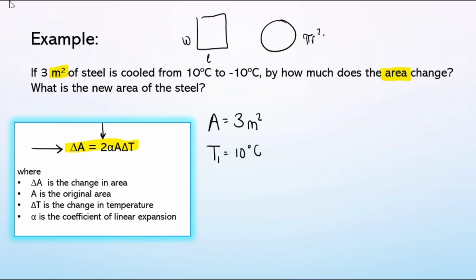We're back in metric. Our new temperature is negative 10 degrees Celsius. So remembering that the change in temperature is equal to T2 minus T1, if you do that math, you get negative 10 subtract 10 equals negative 20. Oops, put the negative in, negative 20 degrees Celsius.